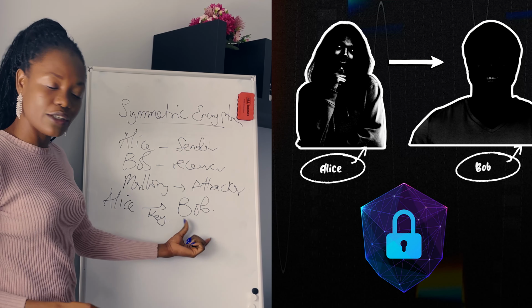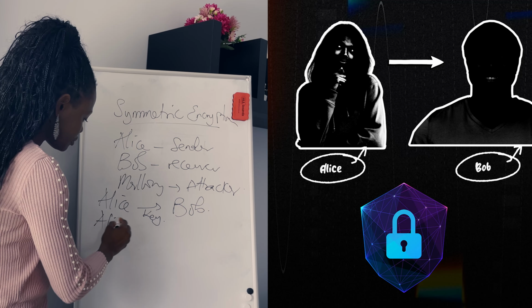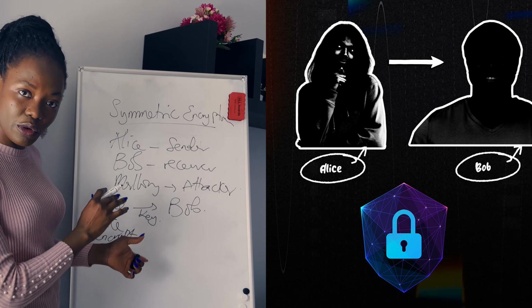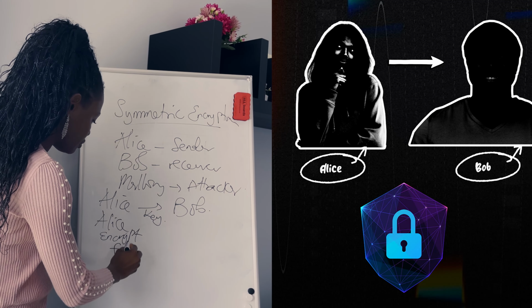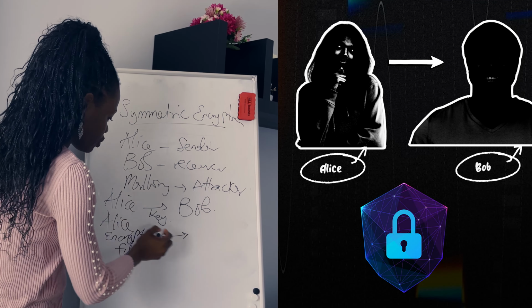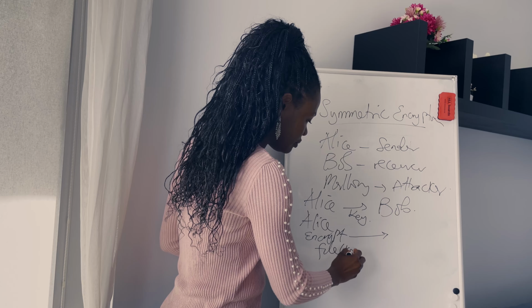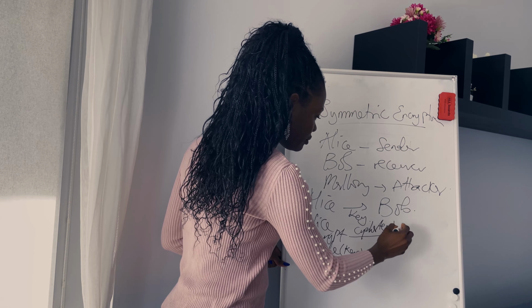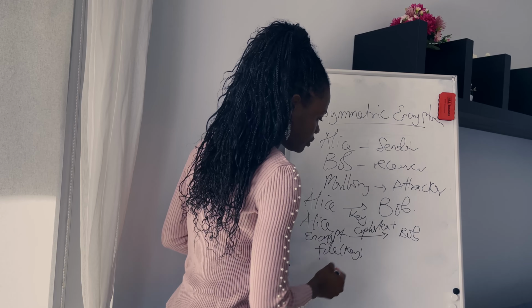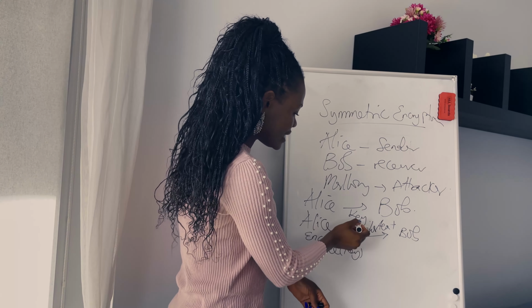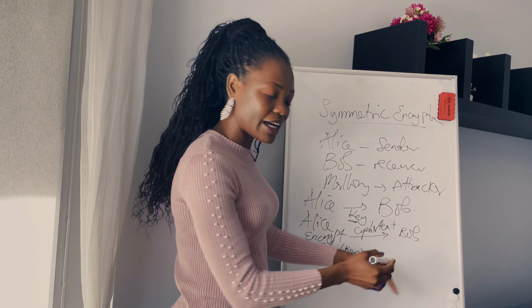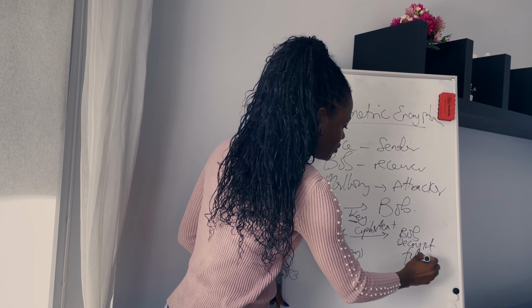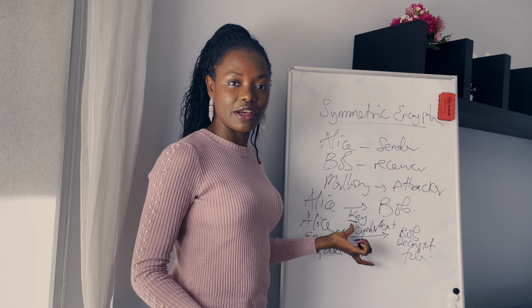After sending the key to Bob, Alice would then encrypt that information or that file, let's say file, and then send the ciphertext to Bob, and then Bob will use the same key to decrypt the file. That's basically what symmetric encryption is.